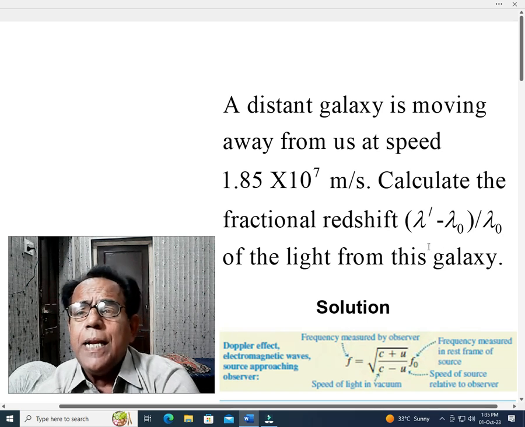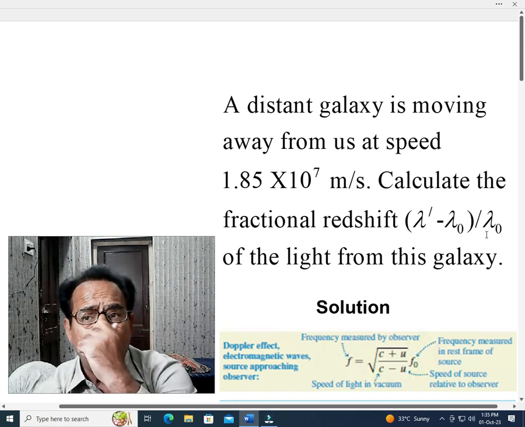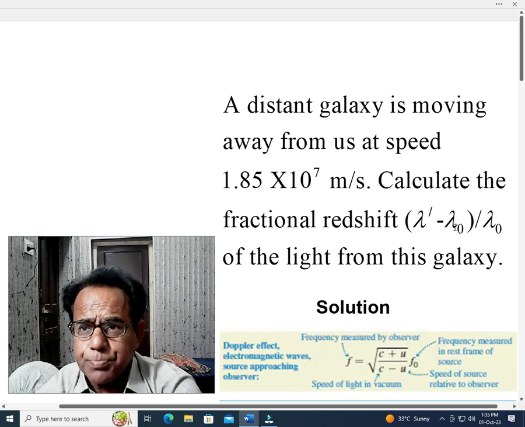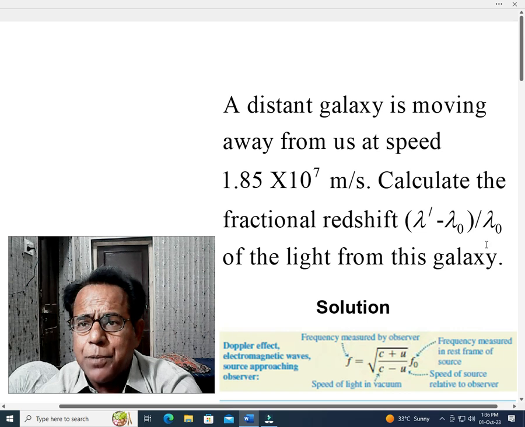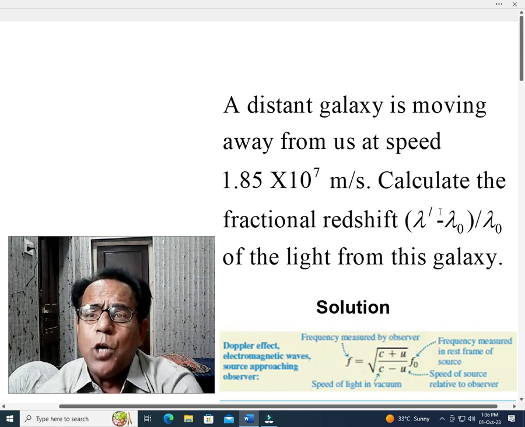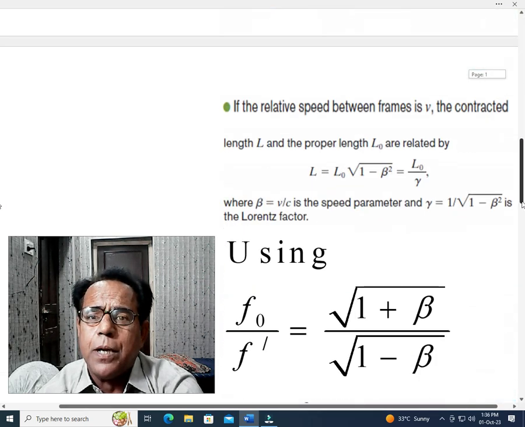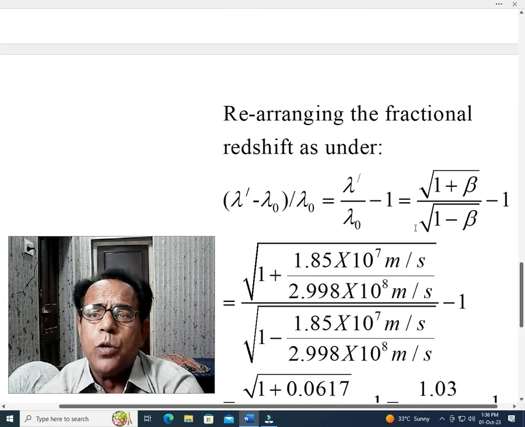This is given as (λ' − λ₀)/λ₀. Here λ' will be divided by λ₀, then minus λ₀ will be divided by λ₀. So it will take the form λ'/λ₀ minus 1.